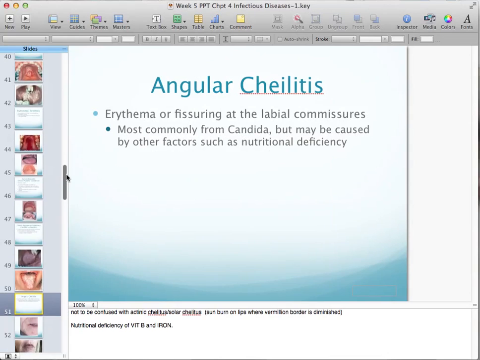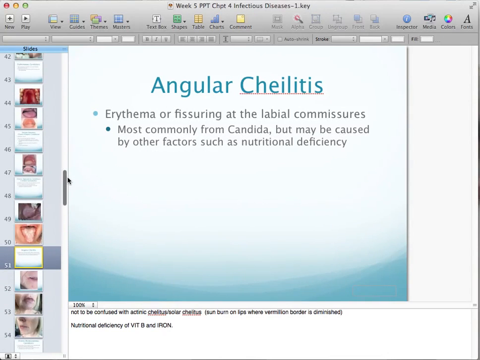Alright. And then you have angular cheilitis, which is also a form of candida, but this one's easier to remember because it's redness or fissuring happening in the labial commissures, which are the corners of the mouth. And angular cheilitis usually occurs from candida, but it can also happen due to nutritional deficiency.